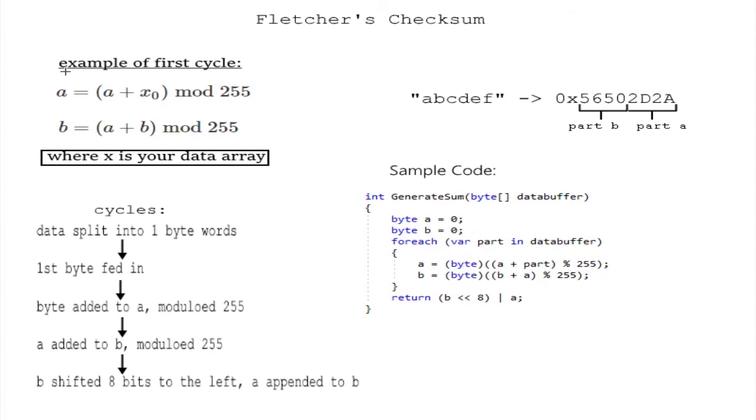So in our first iteration of our loop, we have the variable A and variable B. So first, A equals itself plus x sub 0, and what x is in this equation is our data array. So it's like a set in mathematics. So it's just A equals itself plus the first variable in that set.